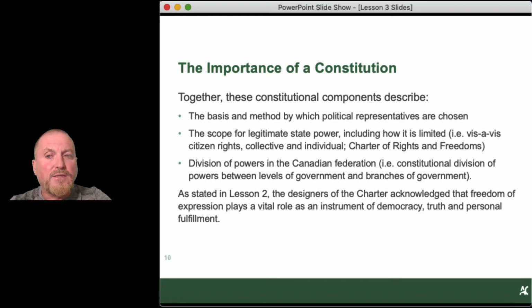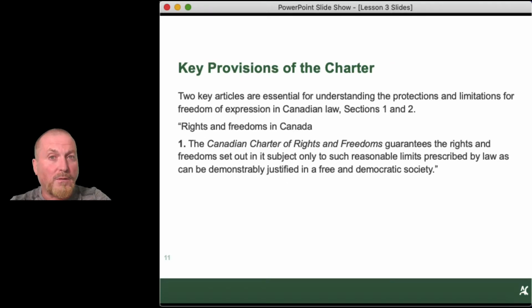Okay, as stated in Lesson 2, the designers of the Charter acknowledge that freedom of expression plays a vital role as an instrument of democracy, truth, and personal fulfillment. And so the Constitution places a great deal of emphasis on protecting these rights and freedoms, of which freedom of association and freedom of speech are one of the most important areas of constitutional protections.